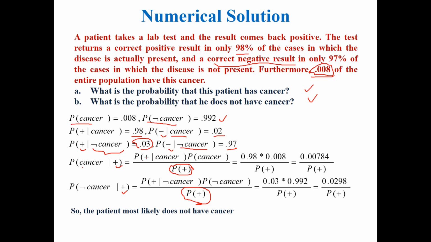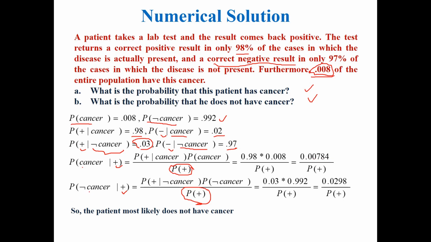The probability of positive given it is a cancer is 0.98, multiplied by the probability of cancer, 0.008, divided by the probability of a positive result, which is not given to us. So it is 0.00784.